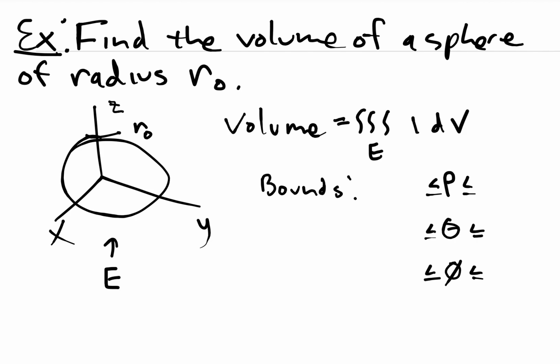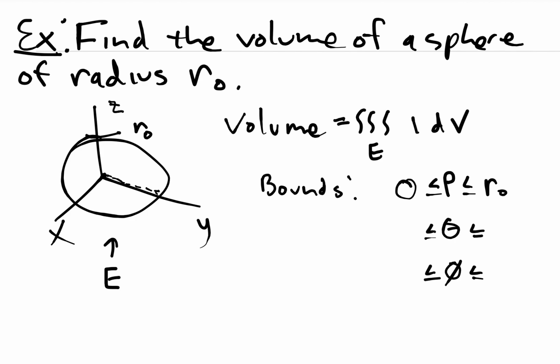Rho is distance from the origin. Now, if I'm including the volume of the entire sphere and all of the points inside of it, that means I'm starting at the origin, that's 0 units away from the origin, and the furthest outward that I could go is r0, because this is my sphere of radius r0.